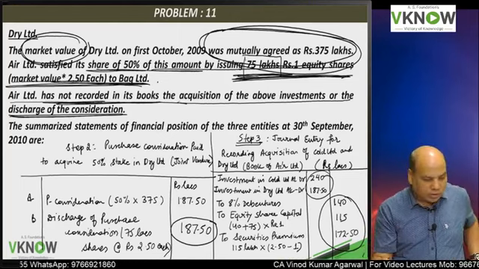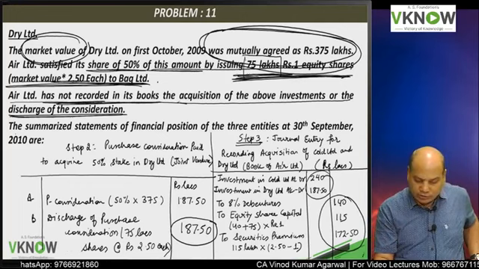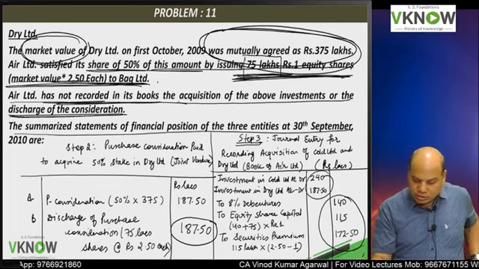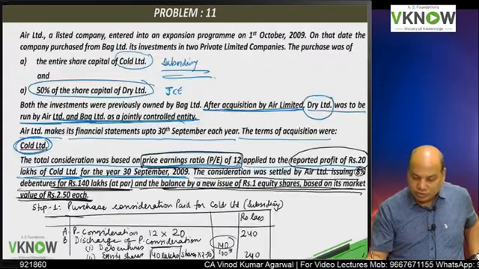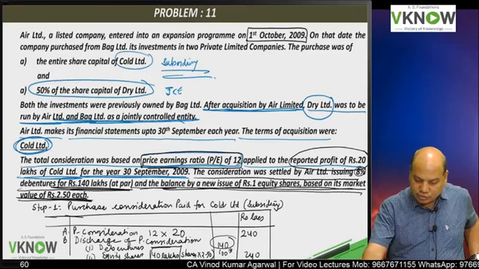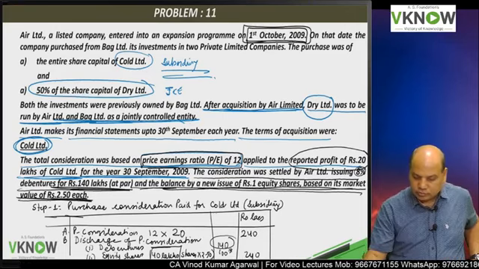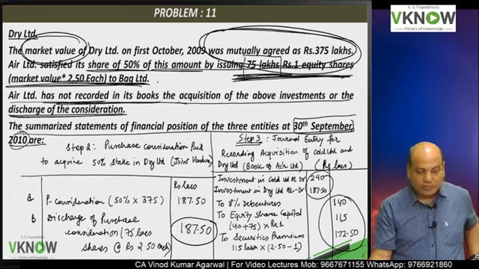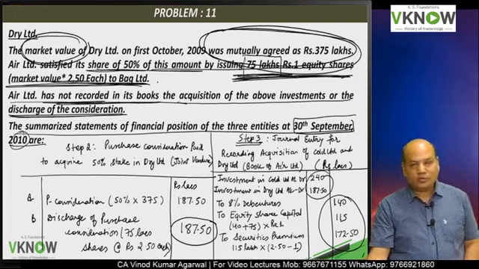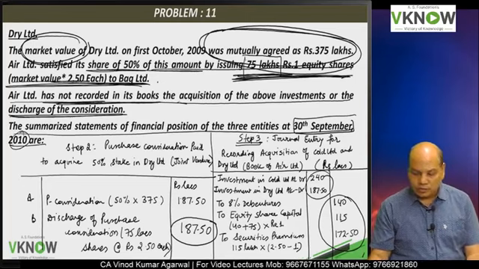Now they have written the summarized financial statement of the 3 companies on 30th September, means after 1 year. You see the date of acquisition is 1st October and this balance sheet date is 30th September 2010. So 1 year is over.